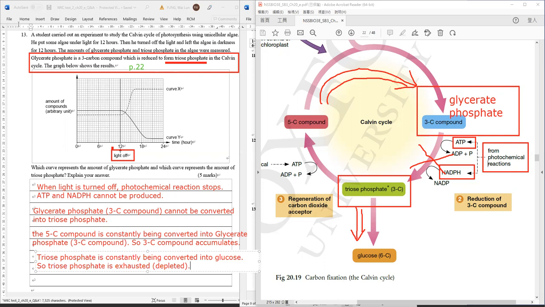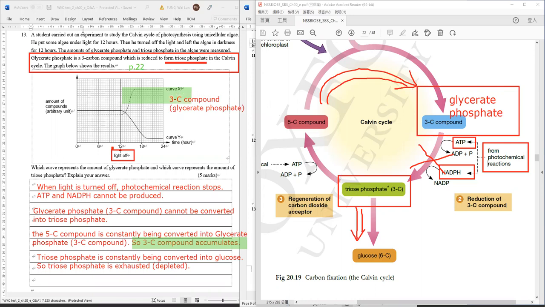Okay, from the curve you can understand that curve X has an increase in concentration. Curve X, there's more, so you can see the 3C compound accumulates. Curve X is the 3C compound, which is the glycerate phosphate.